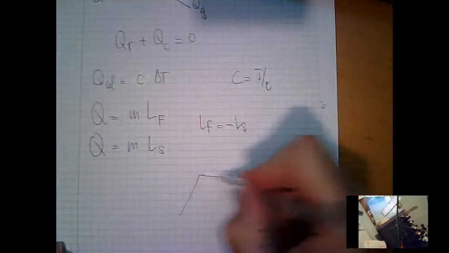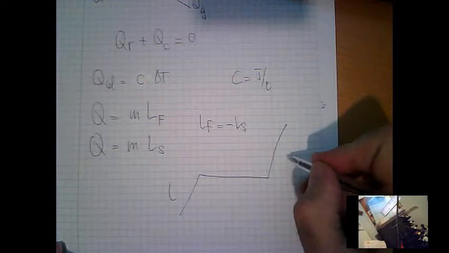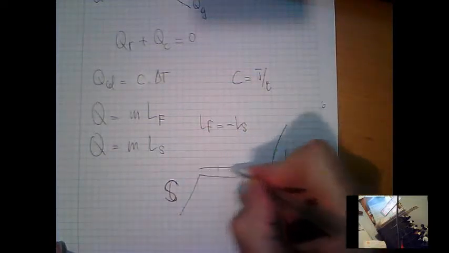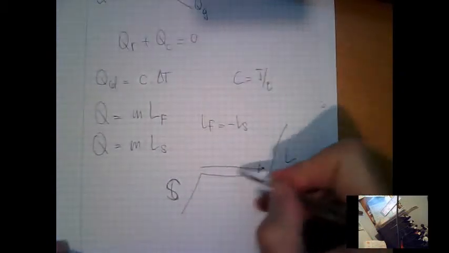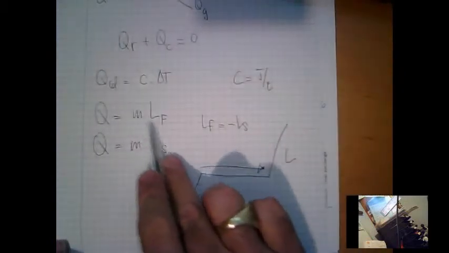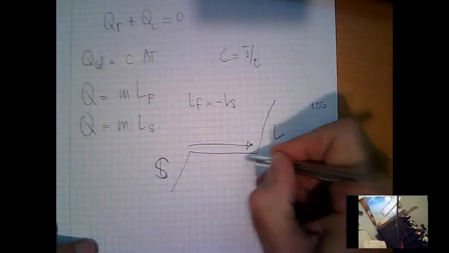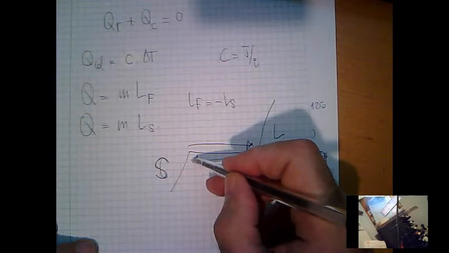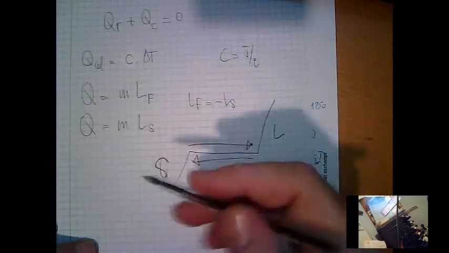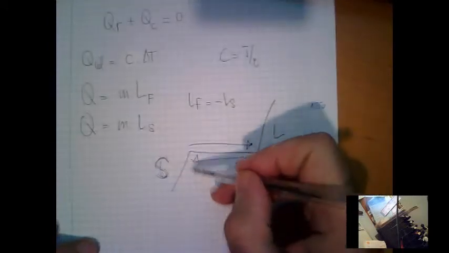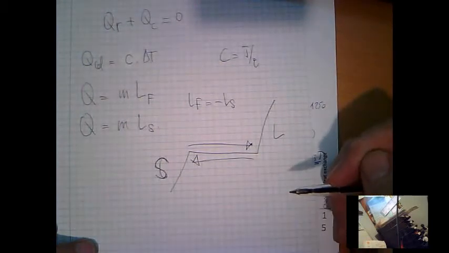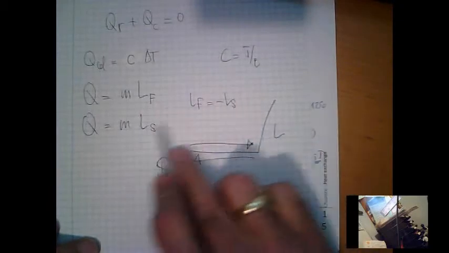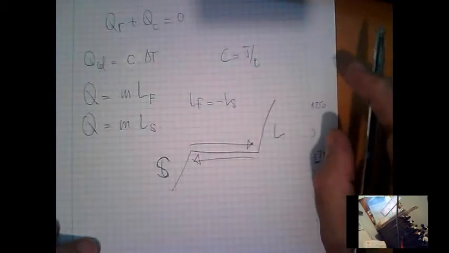Okay, so if you have a solid here, and the liquid here, if you want to go this way to melt the solid to make it a liquid, you need to give it an energy M Lf. And if you go the other way, if you have a liquid and you let it freeze inside a medium which is colder, this substance will give you energy. Okay, so the L which characterizes that is the opposite of the other one.